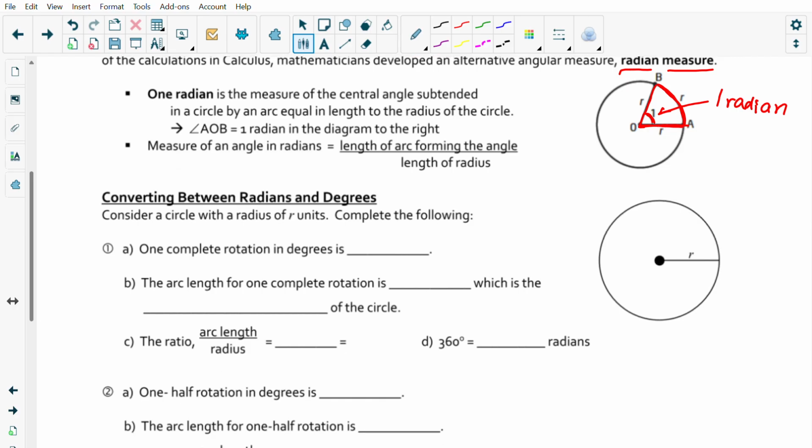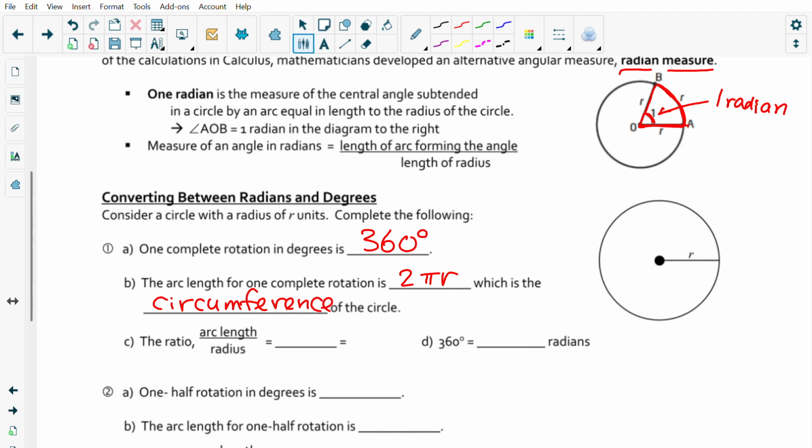Let's develop this idea of converting between radians and degrees. Consider a circle with a radius of r units. Complete the following. 1 complete rotation in degrees is 360. You need to put that little degree symbol there. The arc length for 1 complete rotation is 2 pi r, which is the circumference of the circle.